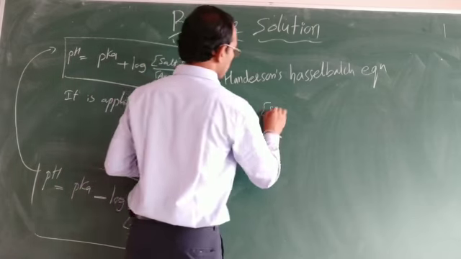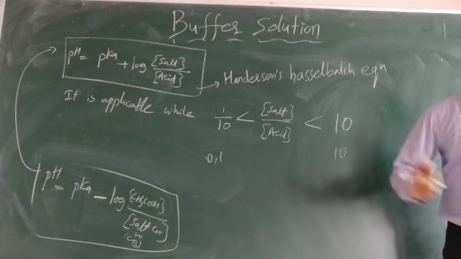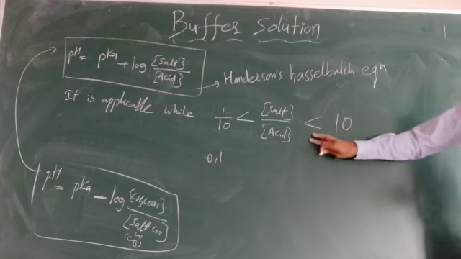The salt by acid concentration ratio should be between 0.1 and 10. Then only this equation is applicable.